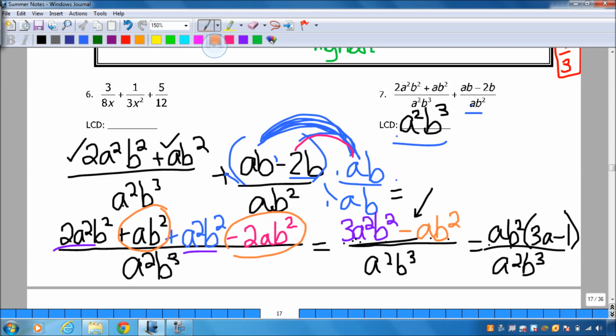So this a is going to cancel out with one of these a's. And then this b squared is going to cancel out with this b cubed, and I have a b left over, which means, I'm going to have to write this on the side over here. My final answer is 3a minus 1 all over ab.